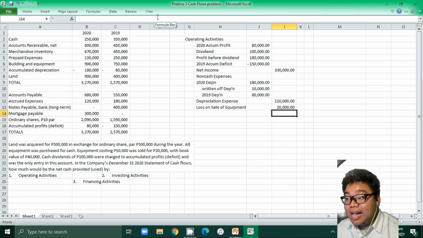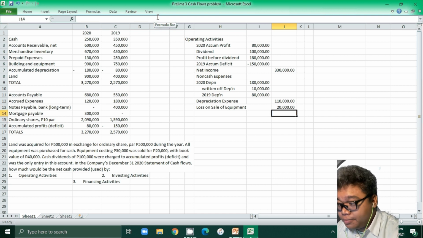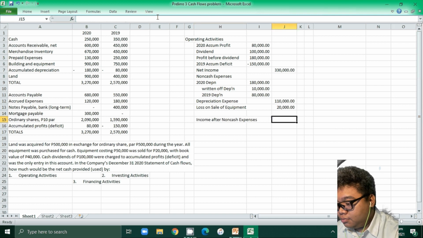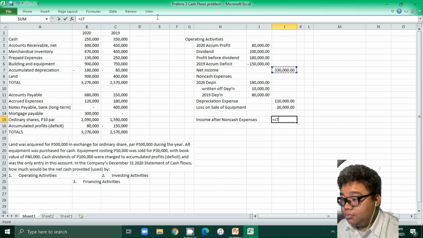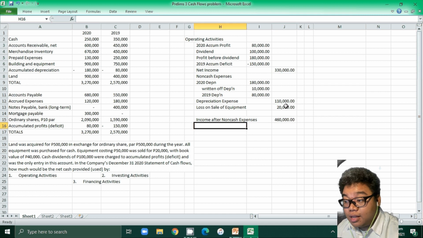So we will add that back. So the income after non-cash expenses would be 330,000 plus 110,000 plus 20,000, 460,000.